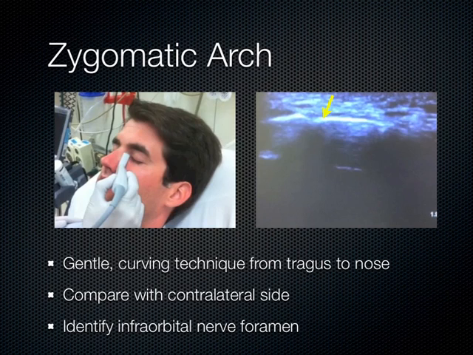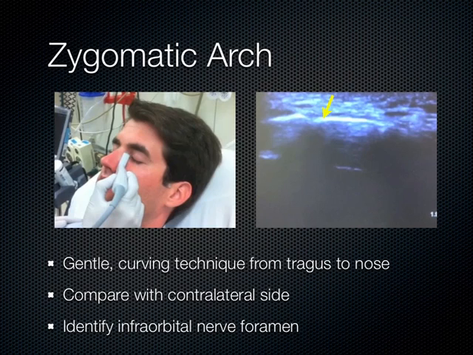So just keep in mind that for the zygomatic arch and looking at the maxilla, you want to start at the tragus with the indicator towards the patient's scalp. And on the screen, that indicator is on the left side of the monitor. Therefore, the left side of the screen indicates the superior aspect of the zygoma, while the right side of the screen indicates the inferior aspect of the zygoma, which corresponds to this lower part of the transducer, the indicator being on this part of the transducer towards the apex of the skull.